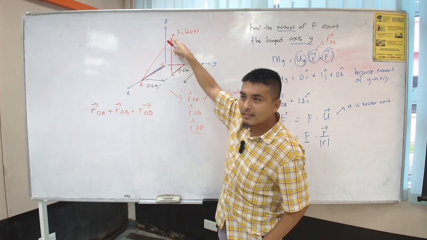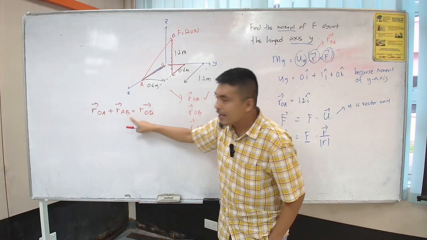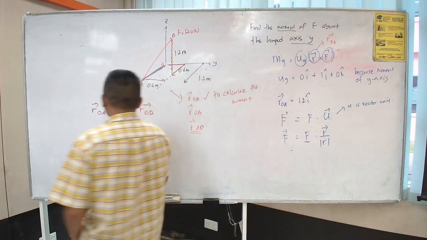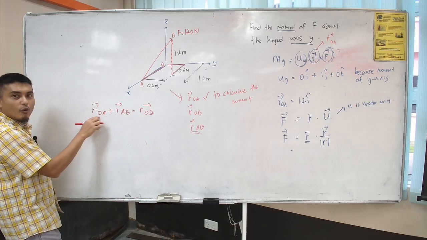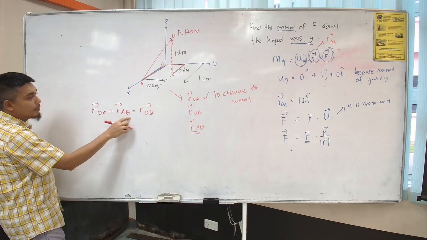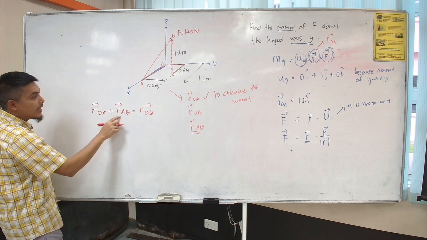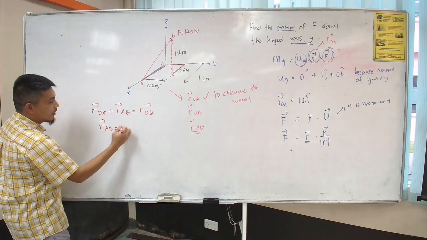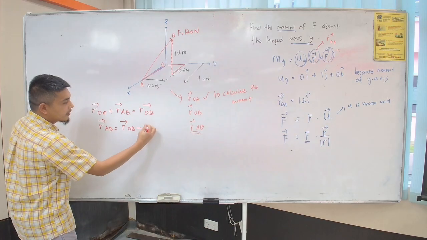Is it correct? Or you can simply see that the A's cancel, then you get OB. So that's why ROA plus RAB gives you ROB. So now, in order to get RAB, you need to find ROB minus ROA.